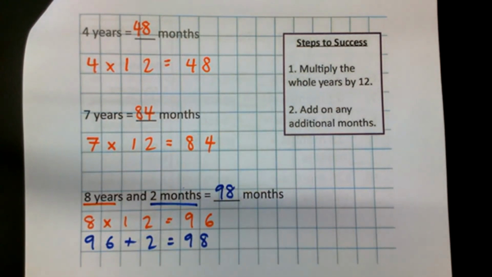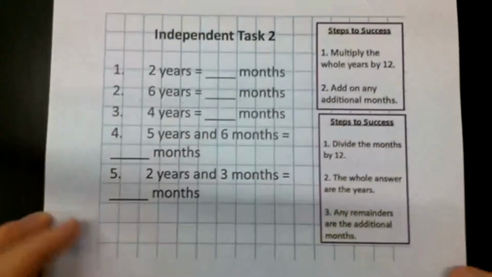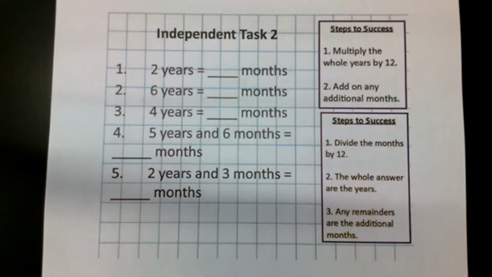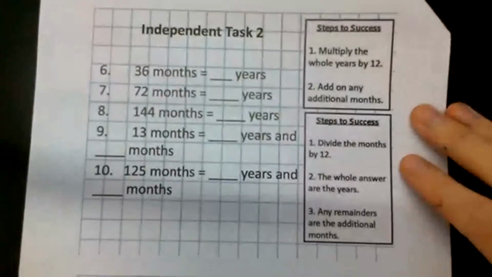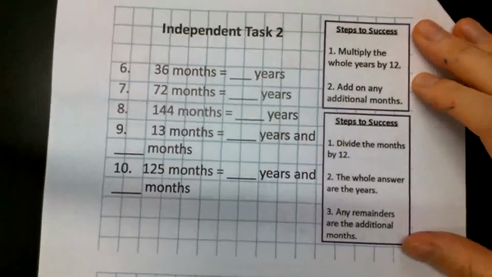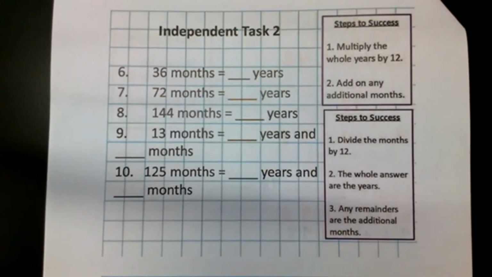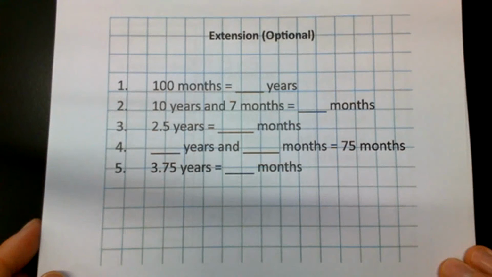Brilliant. Okay, I think you're ready now for your independent task. So here are the first 5 questions. Unpause to continue. Here are the next 5 questions. Unpause to continue. And here are the extension questions. So here's 1 to 5.